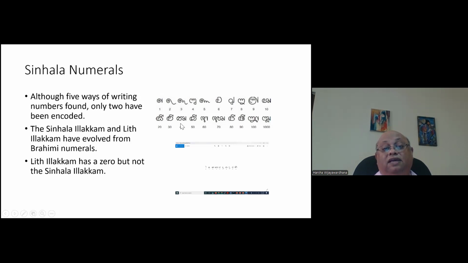You can see they are very beautiful, very similar to the shapes of our script.